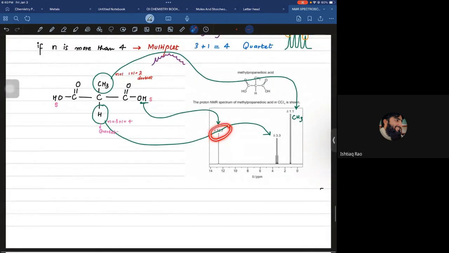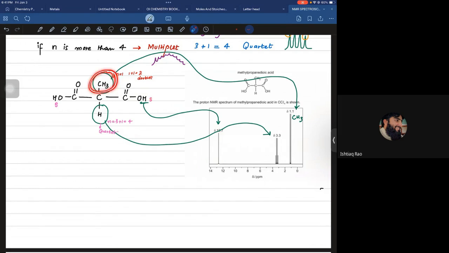Now you can see it's de-shielded, because an electronegative element is attached to this, and also its lone pair is delocalized into this. So it's de-shielded, right?